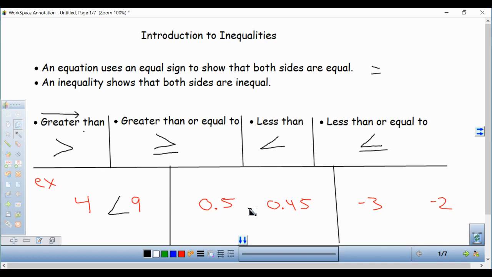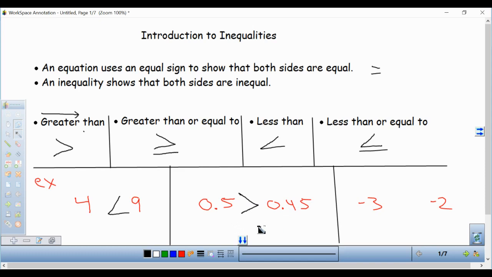This second example, 0.5 and 0.45. Well, 0.5 is bigger, so the mouth of the sign is going to be eating the 0.5 first. So we read this as 0.5 is greater, see the mouth first, than 0.45.